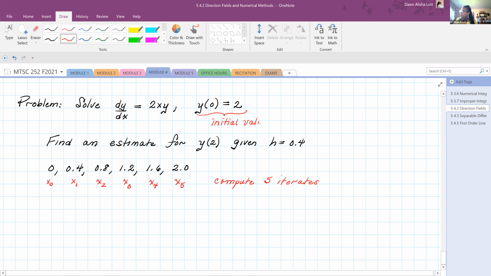I have to tell you where I'm starting from. I can start at 0. I can start at any value of x that you want to start or the problem gives you. Now this one says go to 2, and they tell me h is equal to 0.4. So these are the increments that I need. So I need to compute 5 iterates to get there.